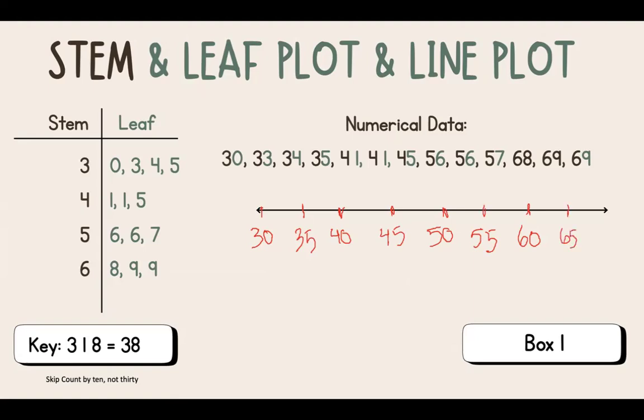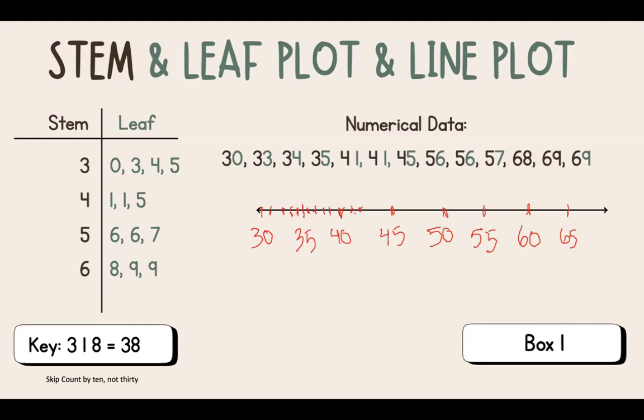Right, so now let's start plotting in our ones. So we have 31 here, 32 here, 33 here, 34 here, 35, 36, 37, 38, 39, and then we have 40, and we're going to continue doing that.